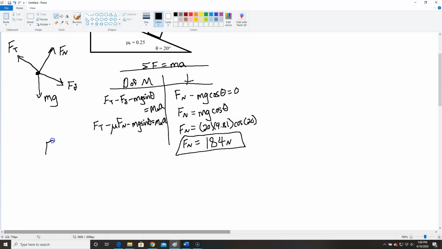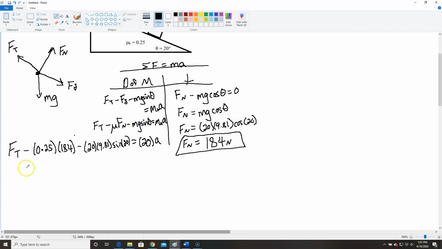So the force of tension minus the coefficient, which is 0.25, times the normal force, which we just solved, 184, minus 20 times 9.81 times sine of 20 degrees. This is a very long line. That will equal the mass of A, which is 20, times a.